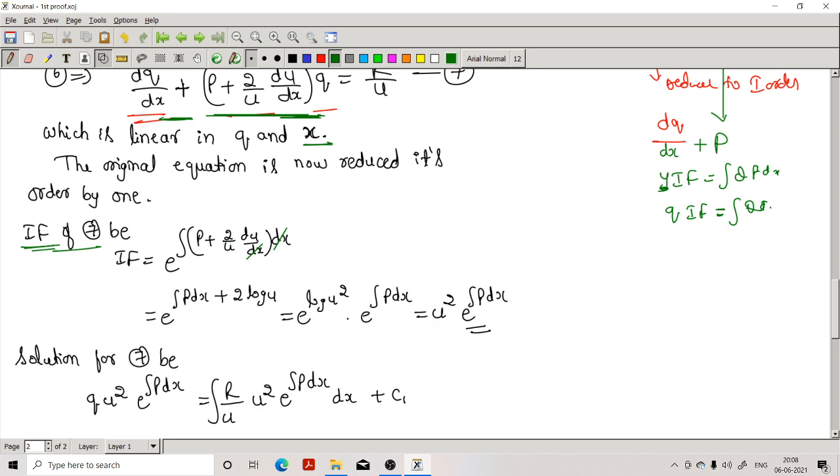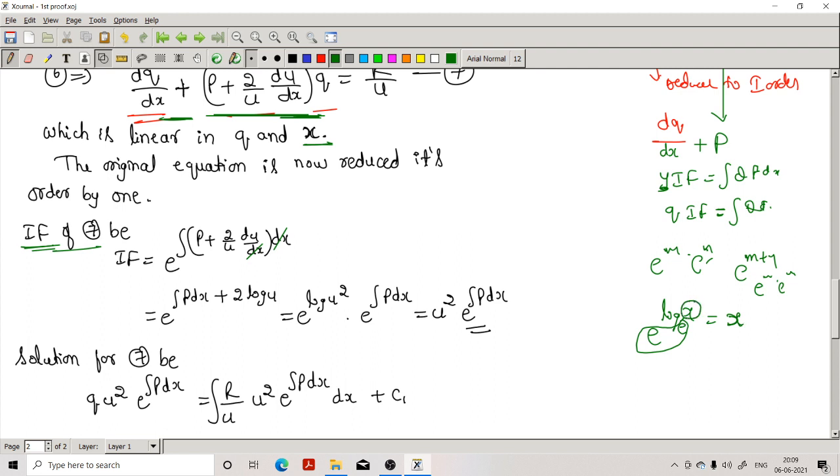Therefore p dx plus 2 into log u, which is nothing but e power, okay, I'm just splitting: e power m plus n is nothing but e power m into e power n. Again we know one identity using logarithm: e power log x to base e, here the base must be e, is nothing but x.